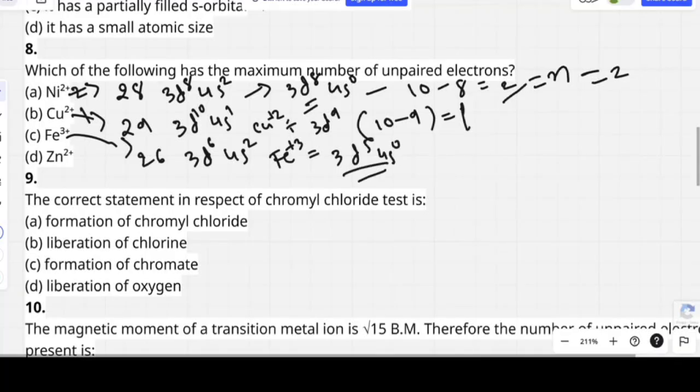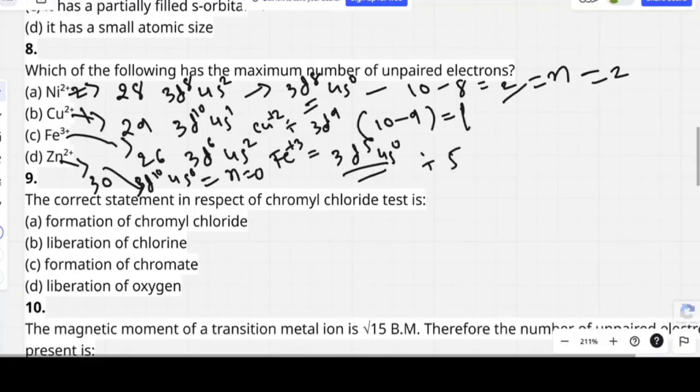So d contains how many unpaired electrons? 5 unpaired electrons. Now Zn2 plus. Zinc has atomic number 30. It has 3d10 4s0, which means completely filled orbitals. So n is equal to 0.